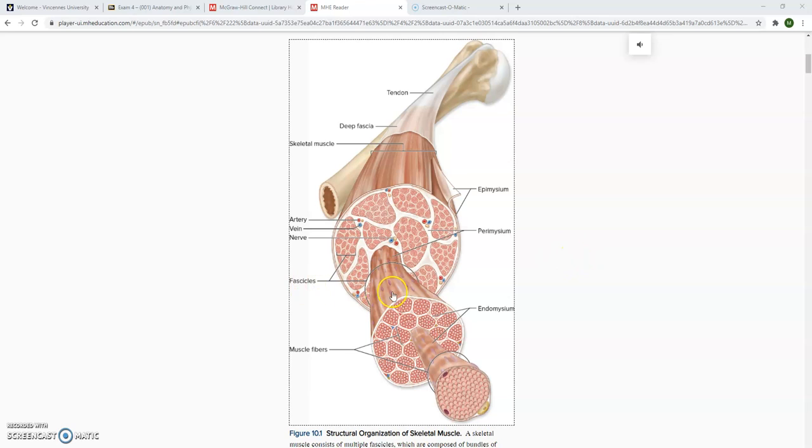All right, and then if we take one of those fascicles, which they did with this one, they've pulled it out. If you look inside a fascicle, you have these little cylindrical structures, seen end on. Each one of those is a skeletal muscle cell, and another name for a muscle cell is muscle fiber, because skeletal muscle cells are very long and cylindrical, so they look like fibers.